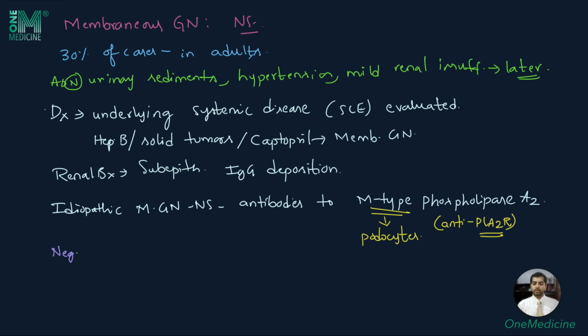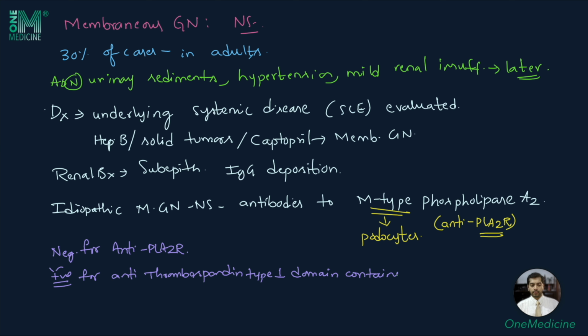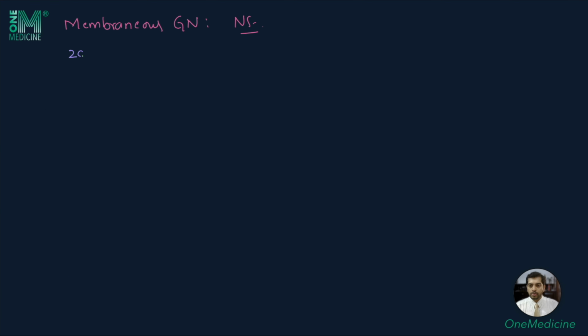Patients who are negative for anti-PLA2R antibody can be positive for anti-thrombospondin type 1 domain containing 7A protein, written as anti-THSD7A antibody in short. Around 20 to 30% of the patients undergo spontaneous remission.